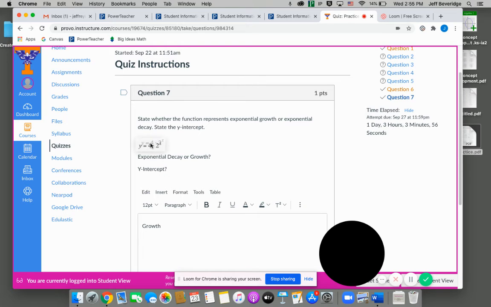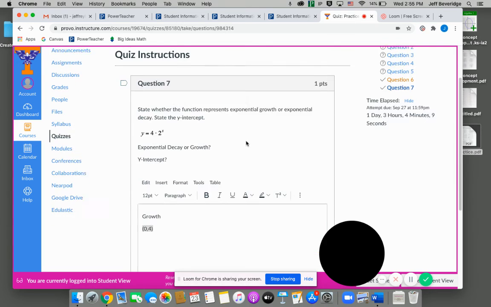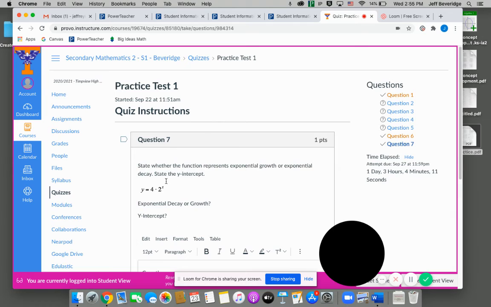We know that the y value of the y-intercept is 4, but make sure you state your y-intercept as a point. That would be (0, 4) for this one. Just make sure you state it as a point and not a value. That's generally what the test is going to look like. There's going to be about 14 or 15 questions on it. It shouldn't be too bad.